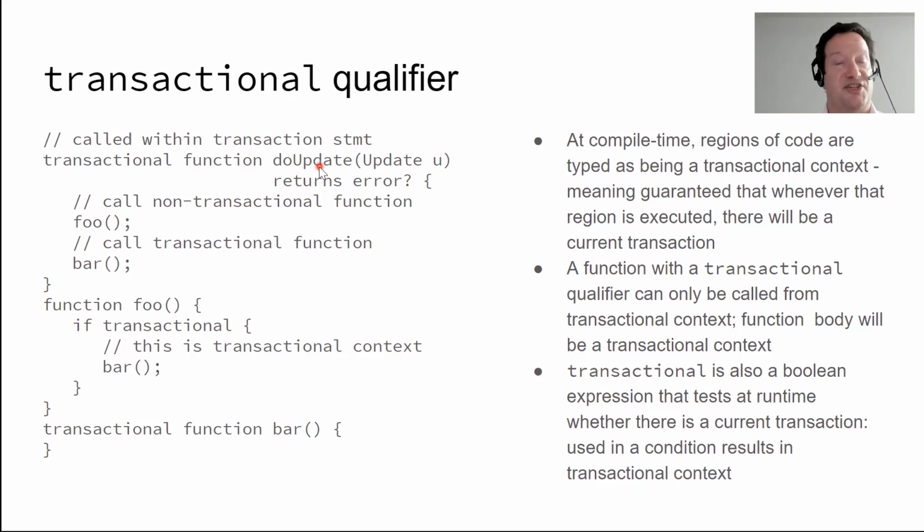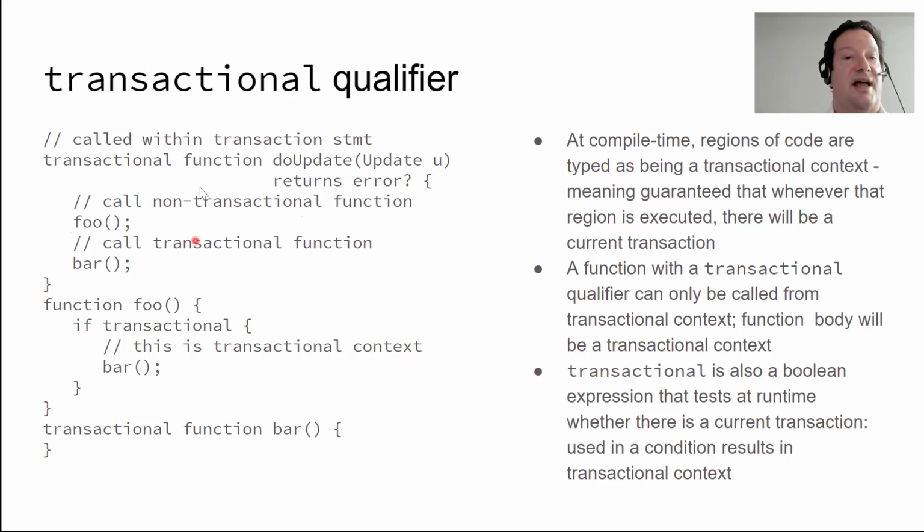Within a transaction statement, the body of the transaction statement is a transactional context. When you're in a transactional context, you are guaranteed at compile time that when that code executes, you will have a current transaction. So if you have a function that's declared as transactional, that means firstly, you can only call it within a transactional context.